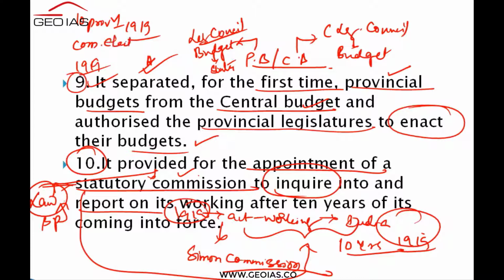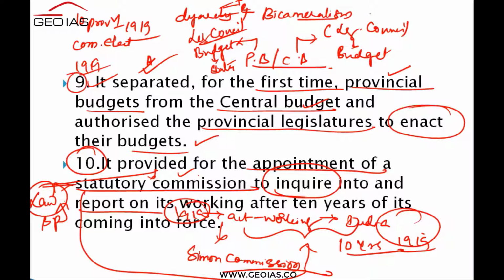Diarchy is also important. Diarchy means dual rule, where the provincial subjects were divided into two, that is transfer subjects and reserved subjects. It is known as diarchy, and bicameralism is also introduced through this Act.